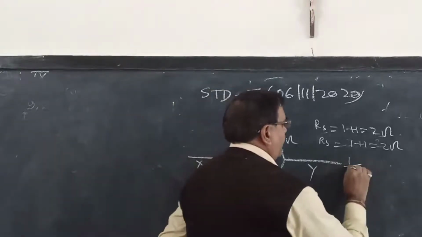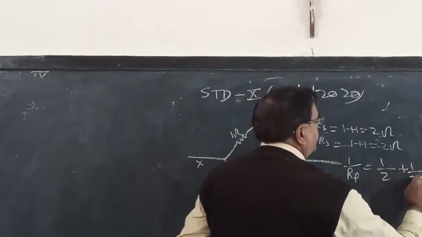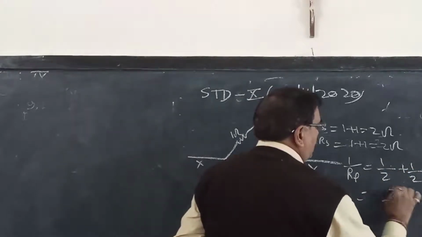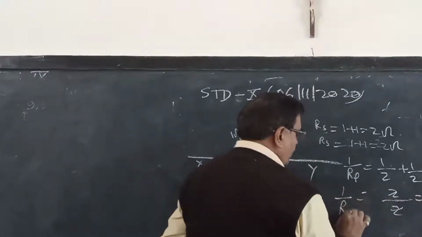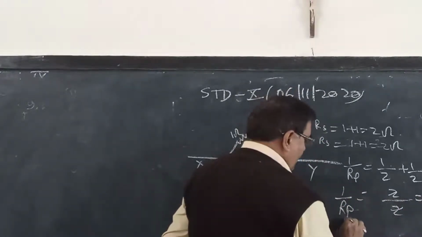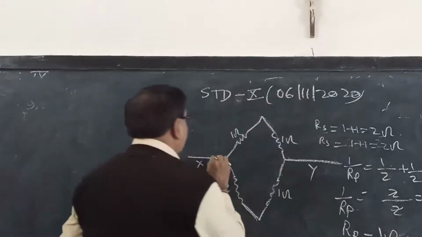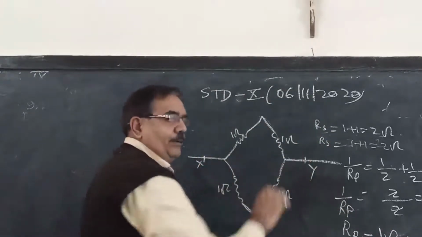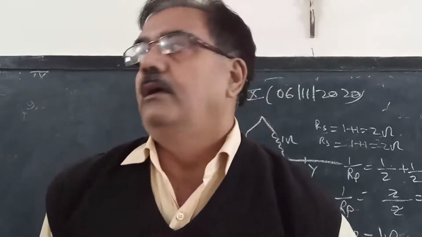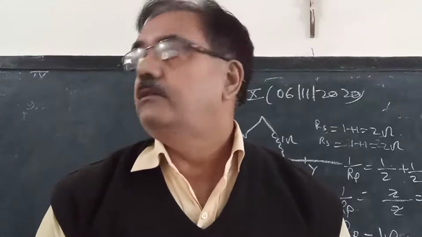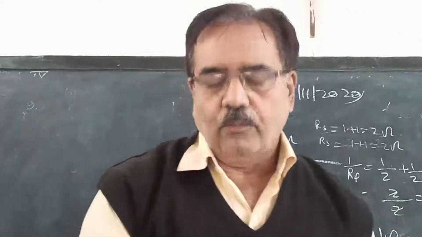So 1 by Rp is equal to 1 by 2 plus 1 by 2, that is 2 by 2, that is 1. So 1 by Rp is 1, meaning Rp is equal to 1 ohm. So the equivalent resistance between X and Y will be 1 ohm. This is the way you have to find whether it is in series or parallel. One more question here.